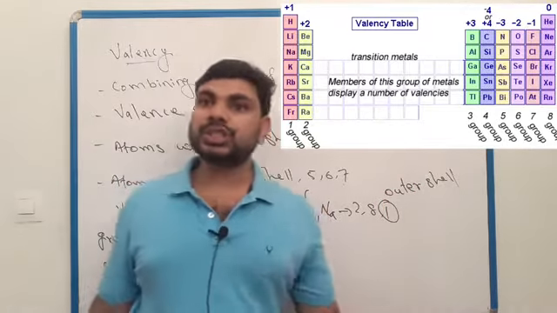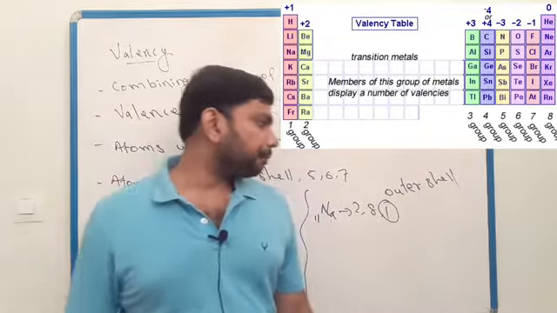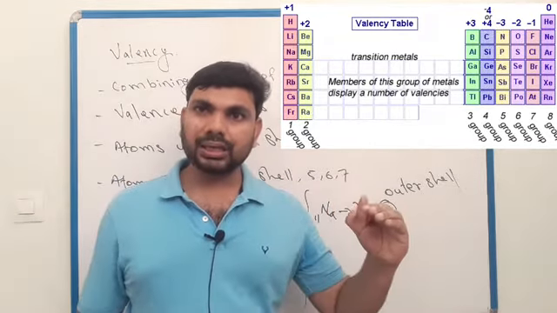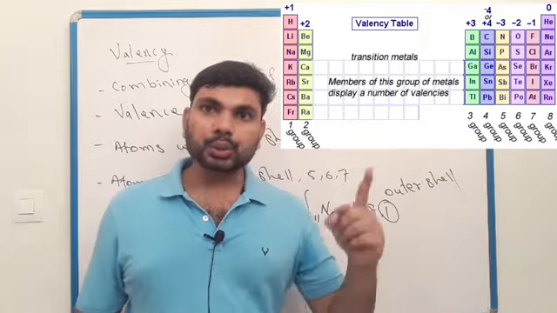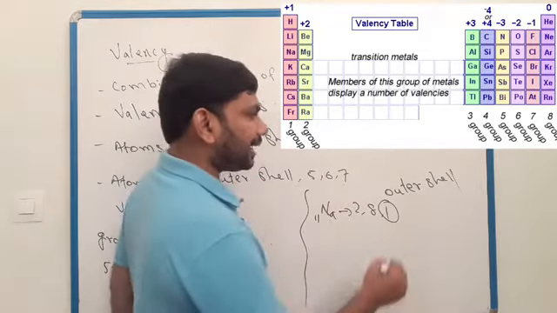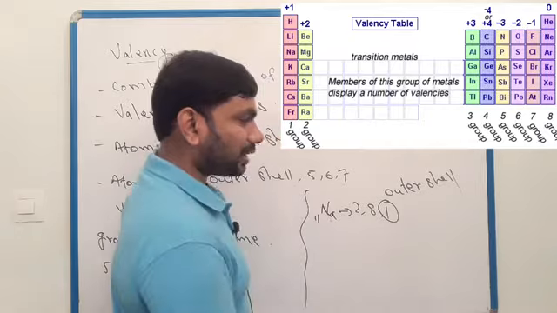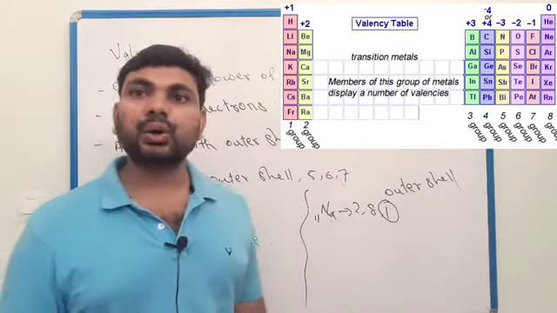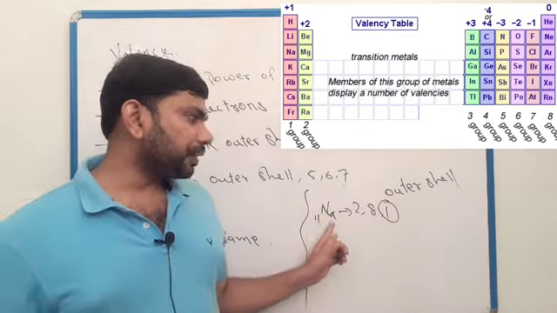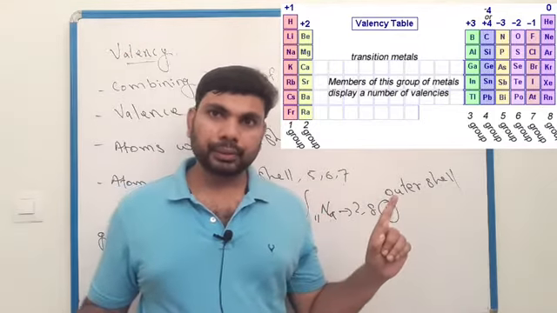So here the outer shell has 1 electron. Okay, so here we can say valence electron. The last shell electrons are called valence electrons. So sodium has valence electron 1.